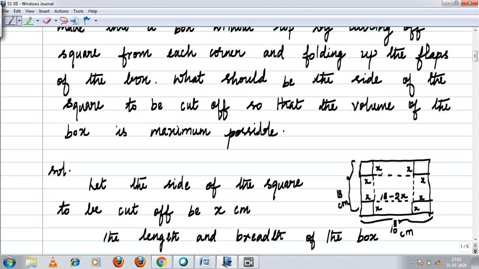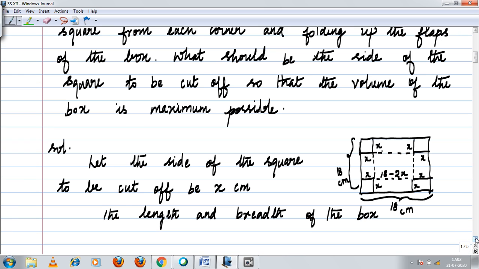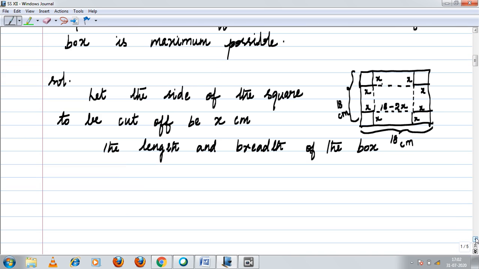Anyone, you have to give a reply, children. In the corner we cut off x and x, so the total length is 18. What is the remaining? 18 minus 2x, 18 minus 2x centimeter, right?